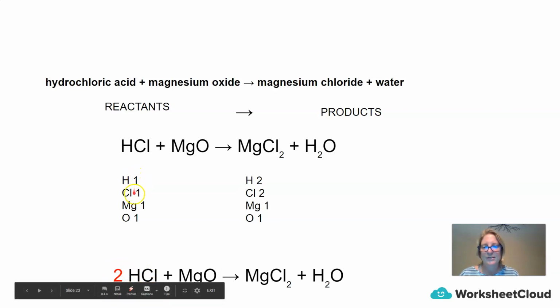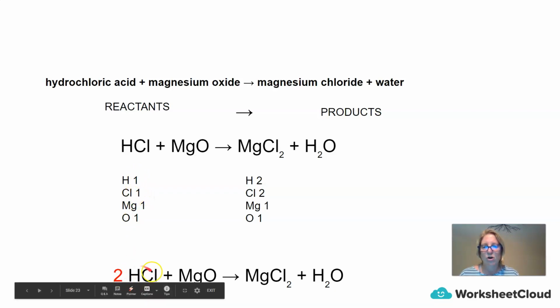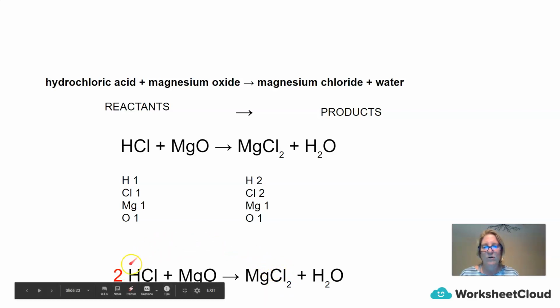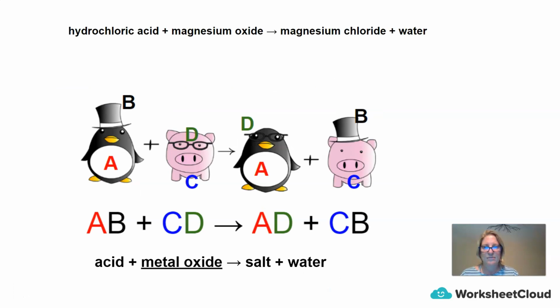So if we do that, we now have 2 molecules of chlorine as reactants and 2 molecules of chlorine as products. It also means we have 2 atoms of hydrogen and 2 atoms of hydrogen, which means our equation is now balanced.